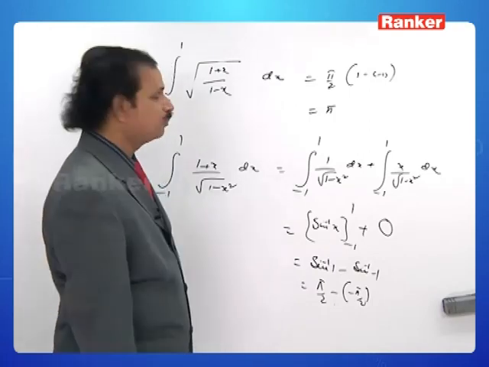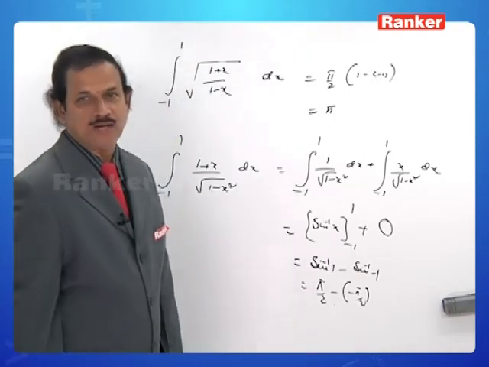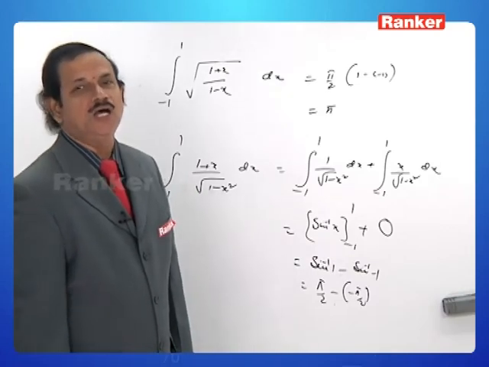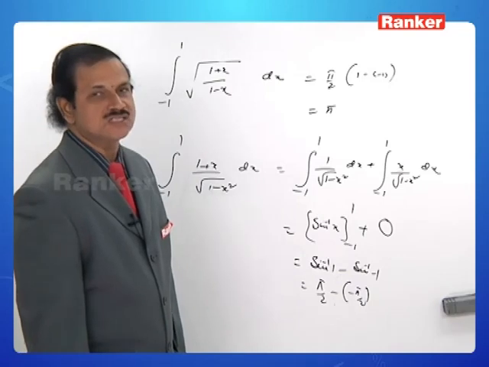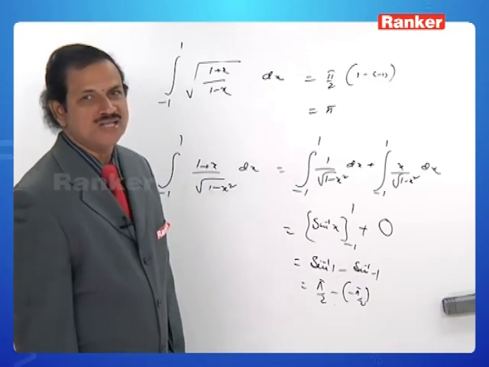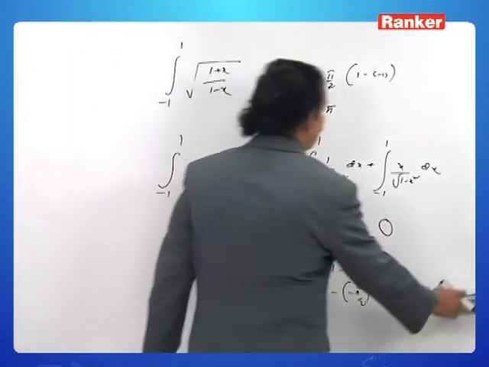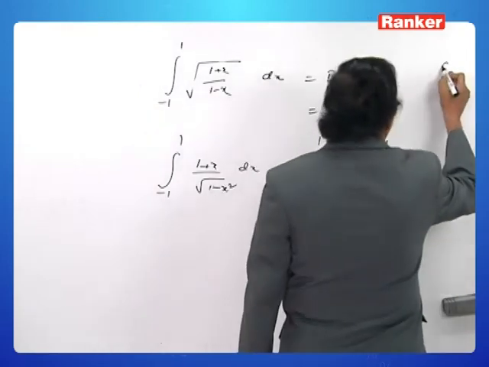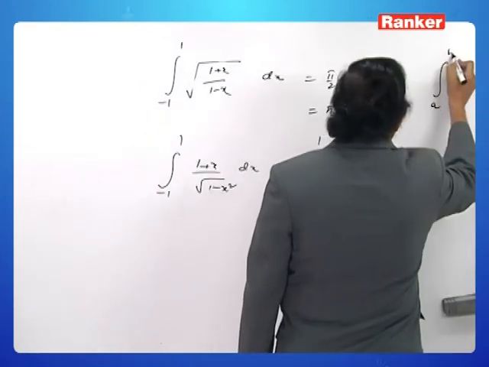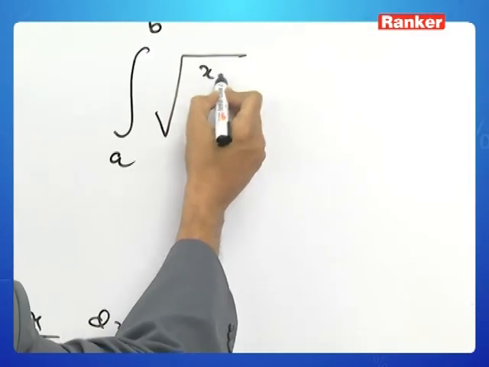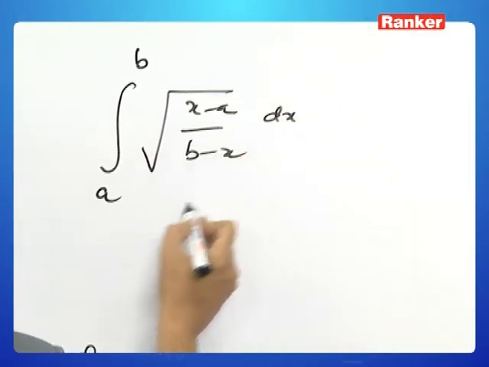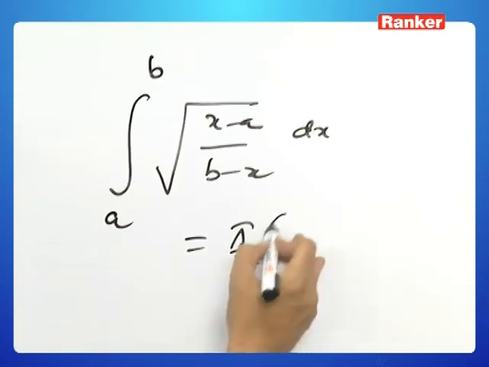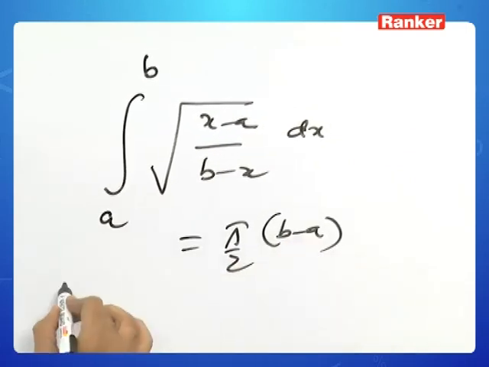Therefore, you can use the formula: integral a to b of the square root of (x minus a) by (b minus x) dx is nothing but pi by 2 into (b minus a). Well, so what is the formula we have just now used? Integral a to b of the square root of (x minus a) by (b minus x) dx is therefore equal to pi by 2 into (b minus a).